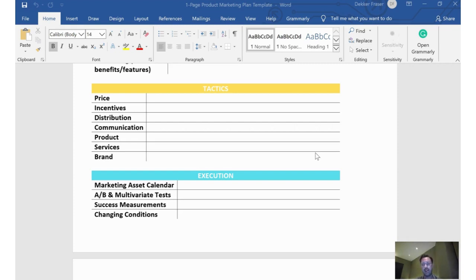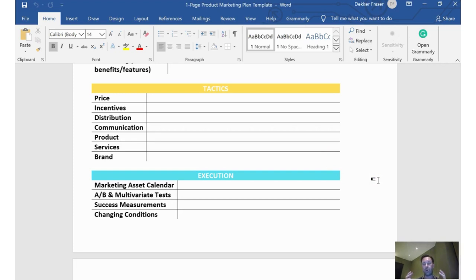So a calendar that shows month by month, week by week, quarter by quarter, what assets are getting released, what marketing assets are being produced. You got to make sure all that stuff's in sync, because you need to align the demand generation, the performance marketing, the content marketing, the social media gurus, the contractors, the SEO people. You got to get them all on the same page, and the easiest way to do that is with the calendar.